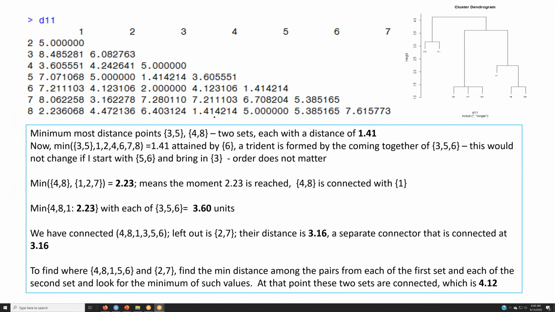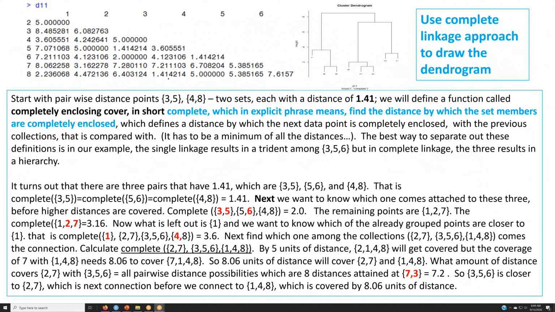Okay, so this is something we talked about, right? This is not what we want. It turns out there are 3 points. I'm coming back again, repeating this sentence. I take this pair 3 and 5, 5 and 6, and 4 and 8. Each of them has the same distance of 1.41.